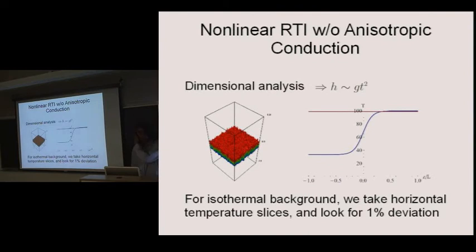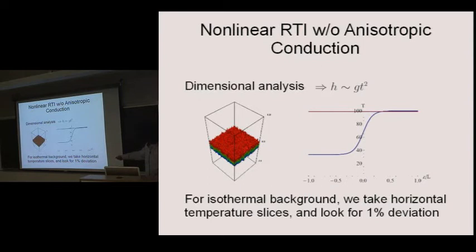Okay. So before I talk about what happens with conduction, I'll mention a bit about the problem without conduction. By dimensional analysis, if you say the only dimensional parameter in your problem is the strength of gravity, you would say that the height of the bubbles in the nonlinear regime should increase as gt squared. So what do I mean by height? So in practice, what I do is that I have some simulation results.